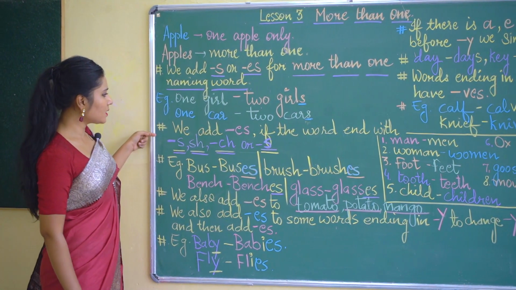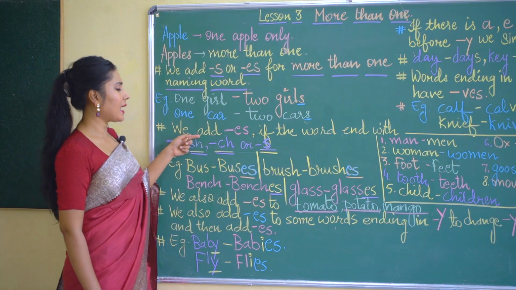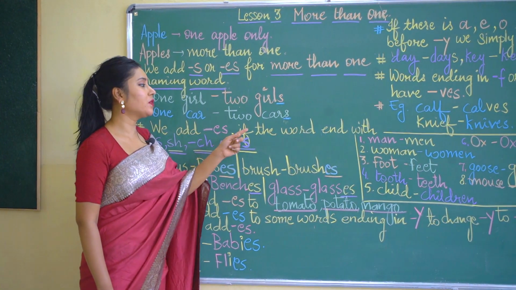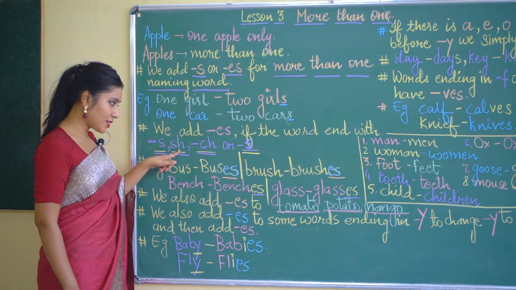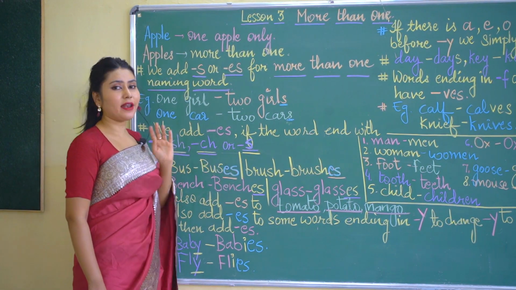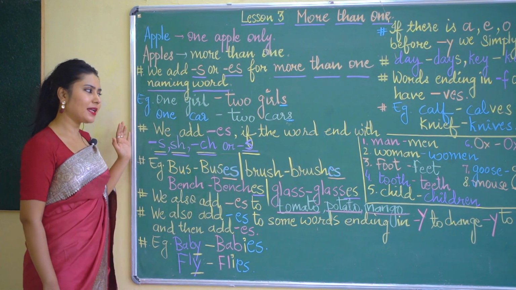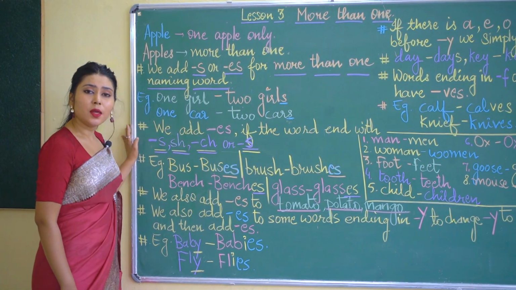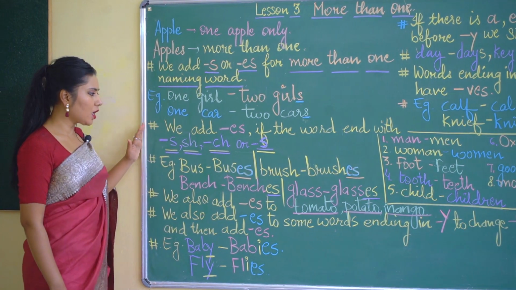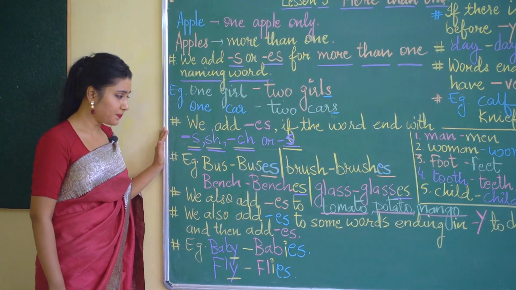Like in this one it is given, we add ES if the word ends with S, SH, CH or X. See children, pay attention to this. I want you to understand this statement very well, because it has a lot of changes within.